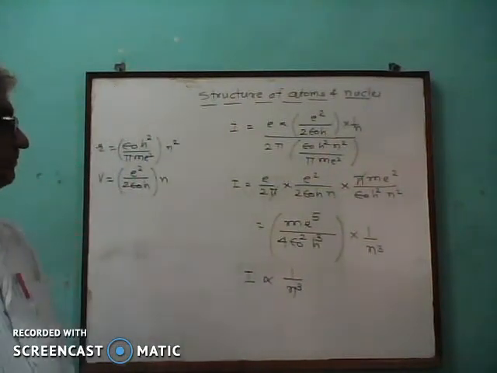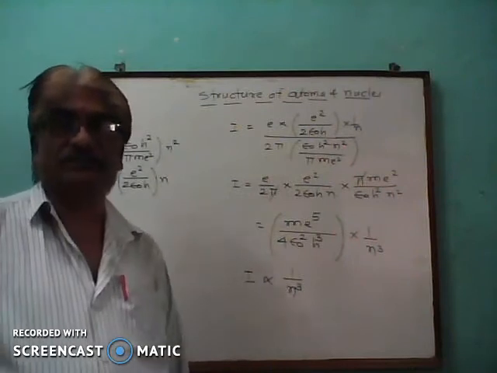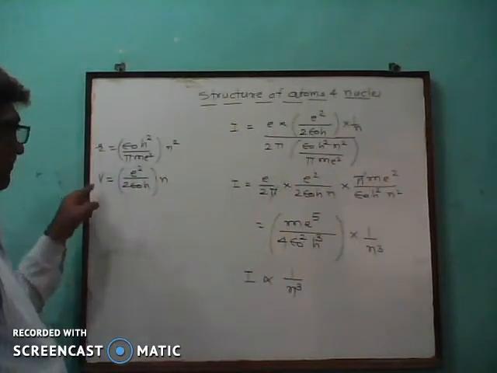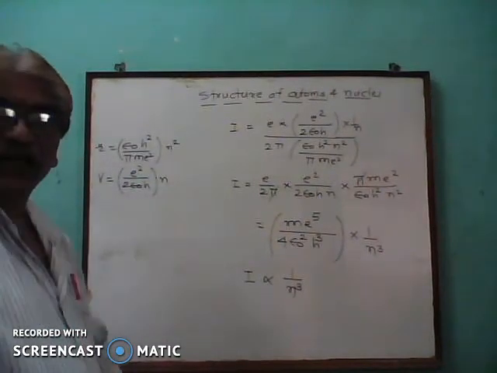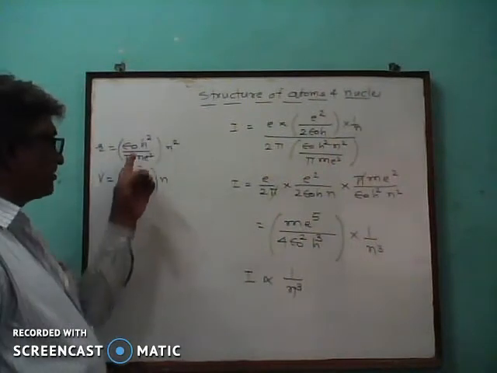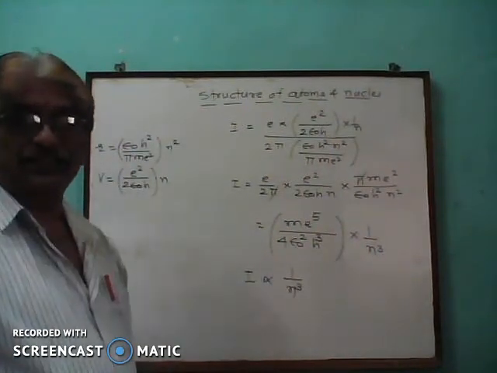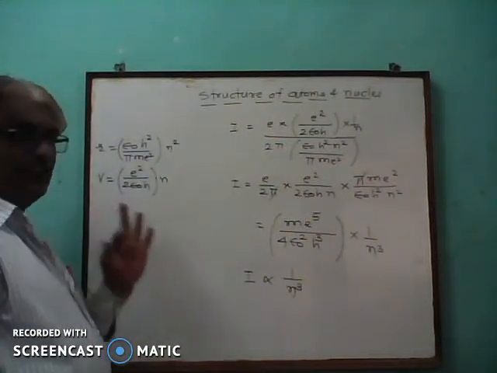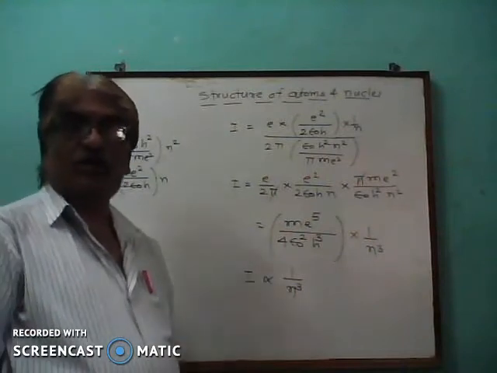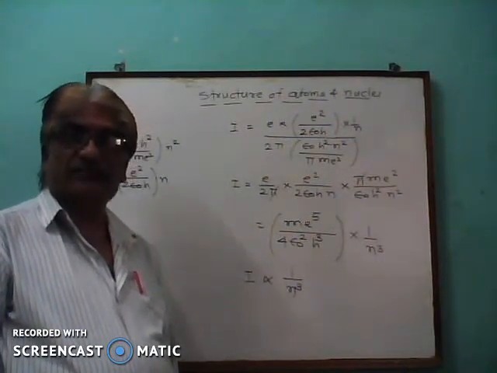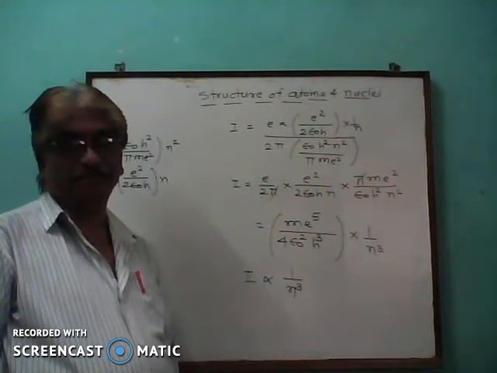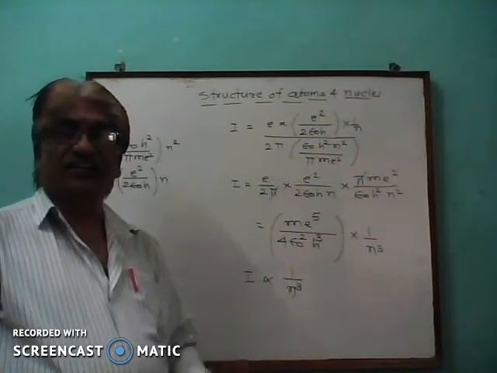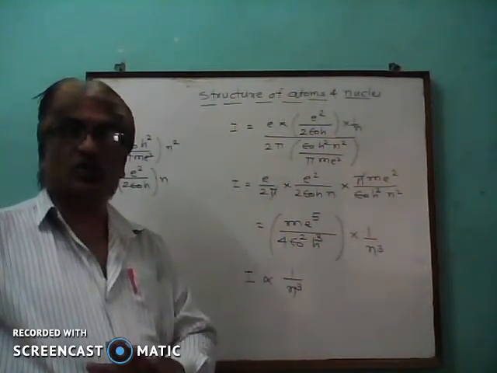Again, we have to solve it, only remember R and v. R will be epsilon 0 h square upon pi m e square into n square, means R is directly proportional to n square. And v is e square upon 2 epsilon 0 h into 1 upon n. So we want to find out the current of electron in circular orbit.